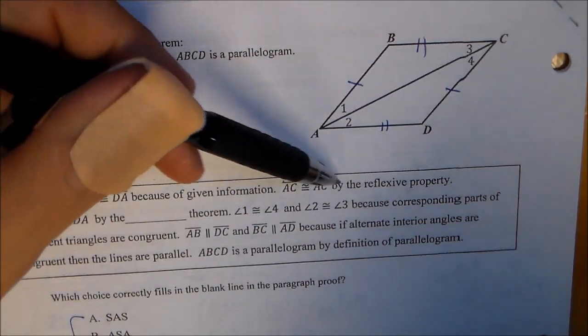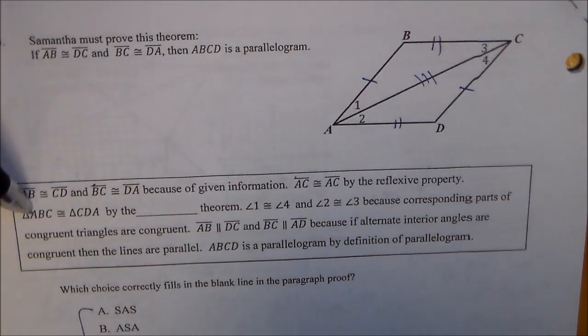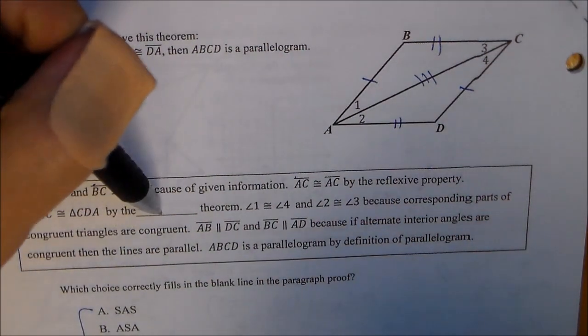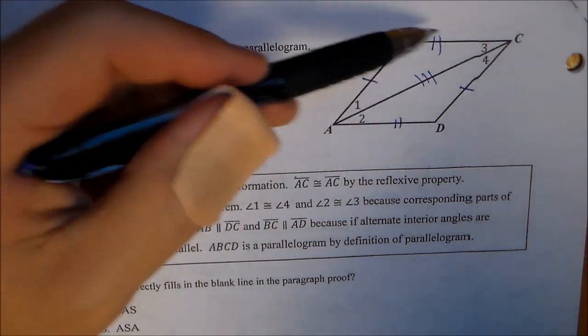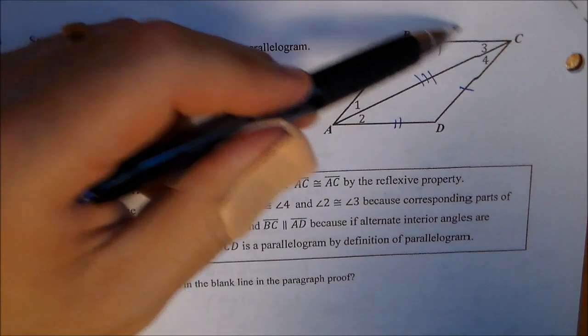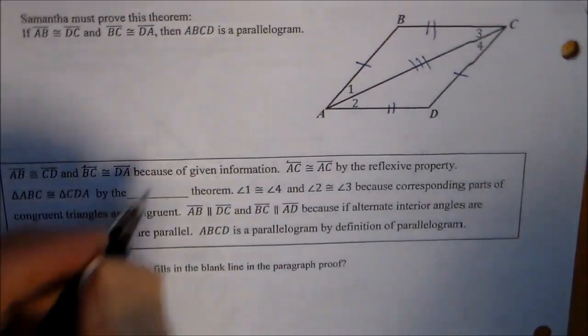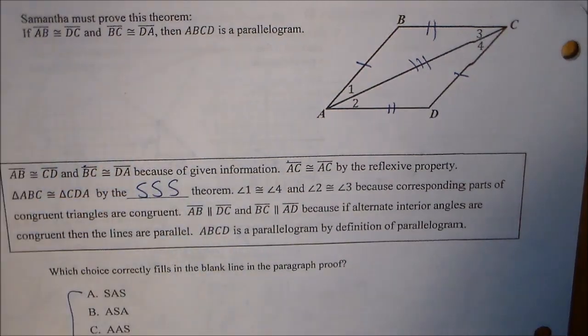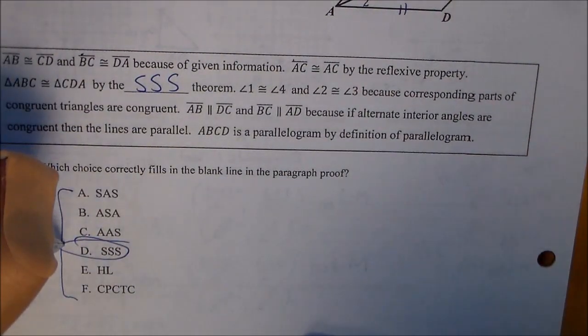We have AC is congruent to AC by the reflexive property. That means that triangle ABC is congruent to CDA by a theorem. Now, going back to triangle congruence, in this type of scenario, I only know sides. I don't know any angles. So my best answer for this is side, side, side congruence, or answer D here.